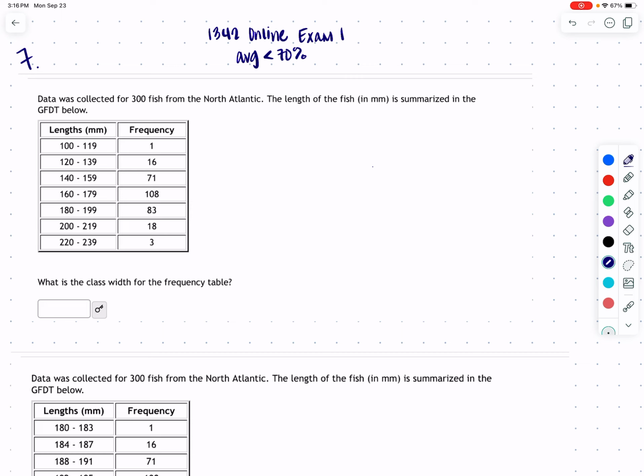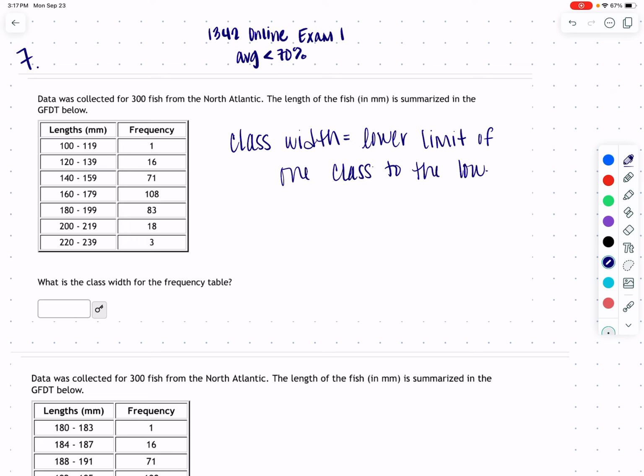So the class width goes from the lower limit, not boundary, of one class to the lower limit of the next class.